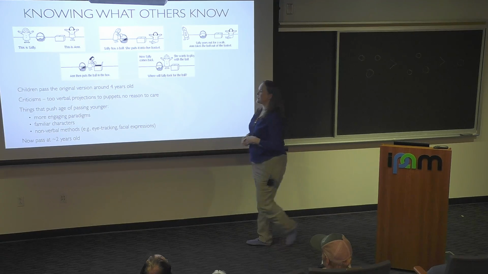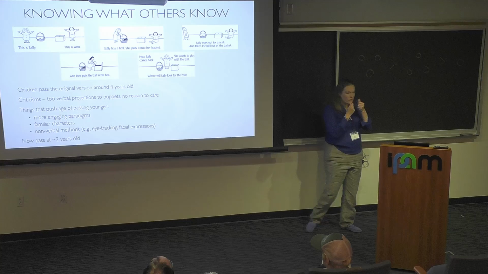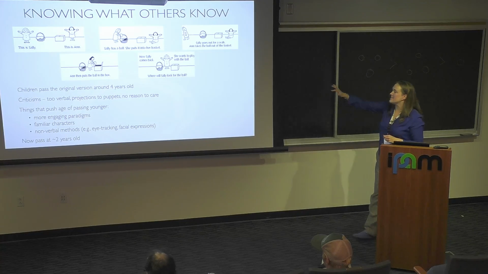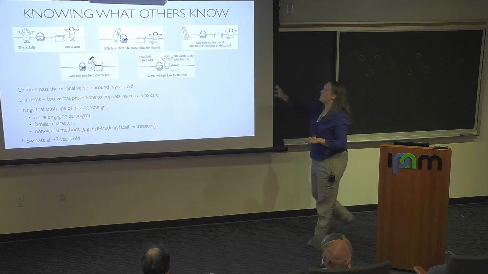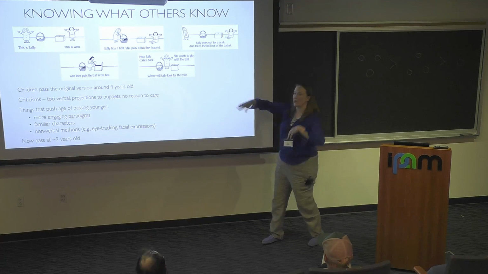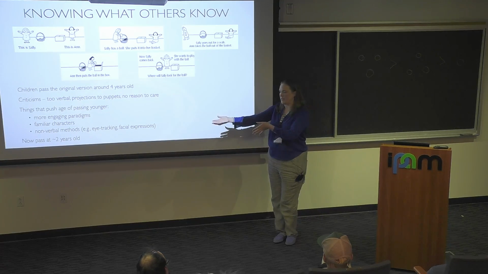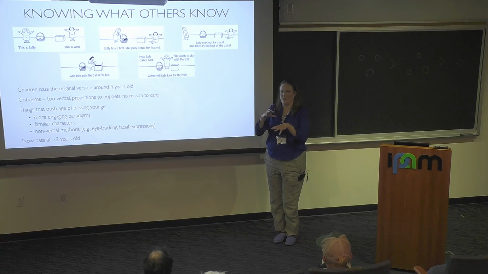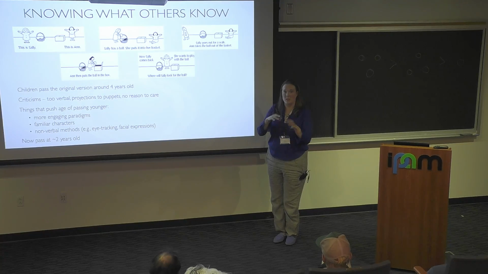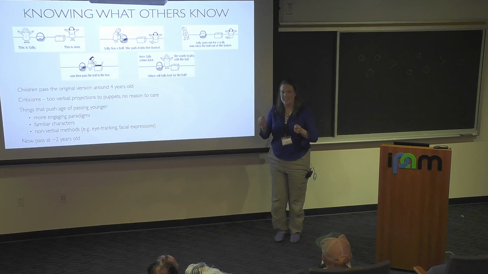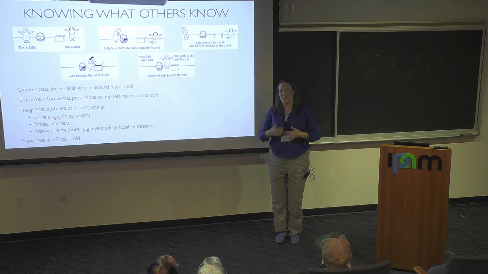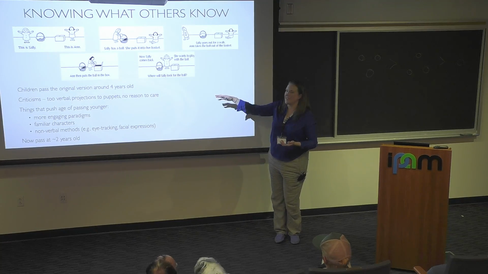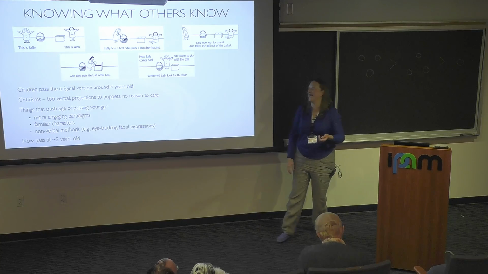There are some beautiful studies looking at facial expressions where 2-year-old children will pass this task, where you have Cookie Monster. Cookie Monster hides his cookies. He then leaves. A bad guy comes in and replaces the cookies with spiders. And then Cookie Monster comes in and is like, oh boy, I'm really excited about my cookies. Sorry, I can't do his voice. Thank you, Jacob.